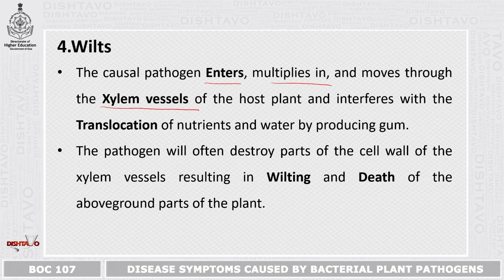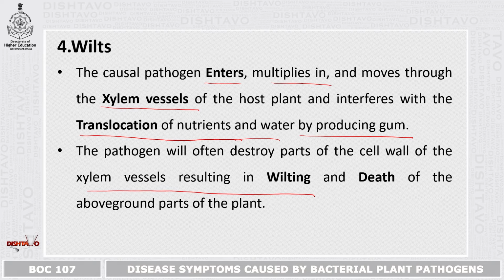This is very important: it interferes with the translocation of nutrients and water, and they will be producing gum. The pathogen will often destroy parts of the cell wall of the xylem vessel, resulting in wilting in the plant. It also causes death of the plant tissues and above ground parts of the plants.